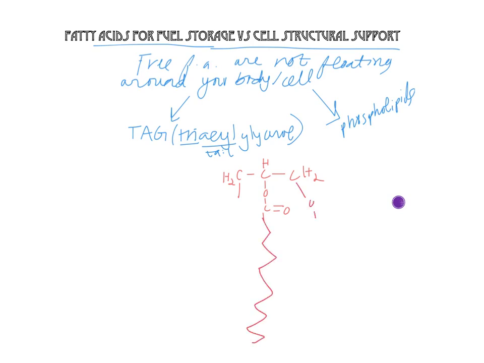This is also OCOO. Okay, so that's the basic structure of either a TAG or a phospholipid, but what differentiates the two is whatever is attached to that, if you call this the first or the third carbon. And we're going to talk about the first one, TAGs, and then we'll talk about phospholipids second.